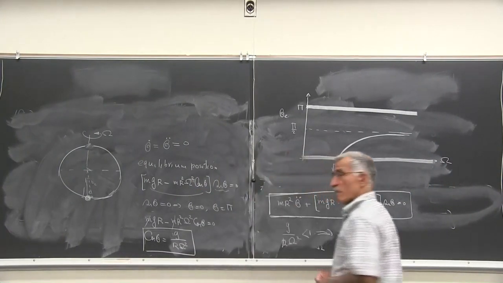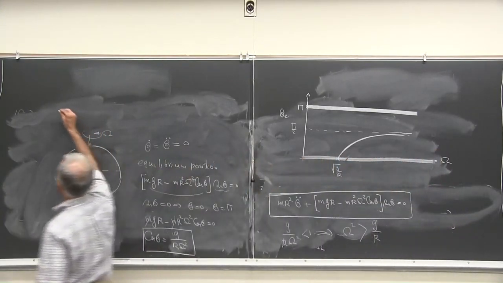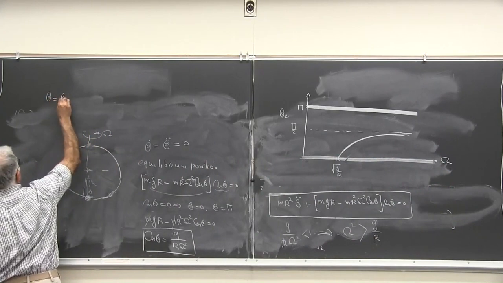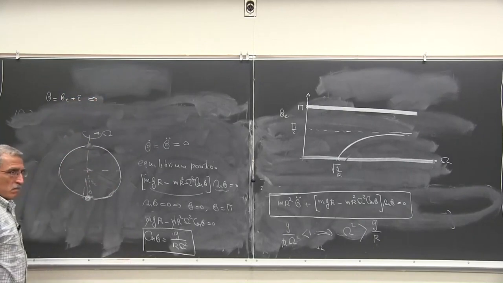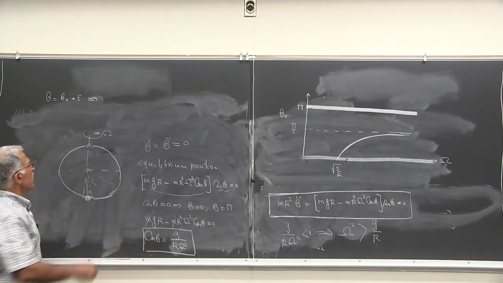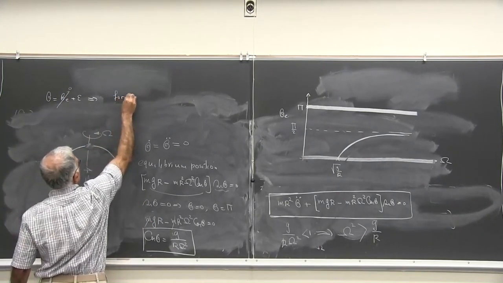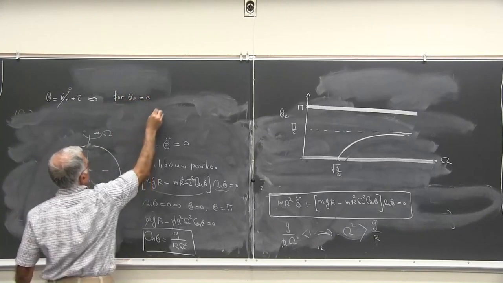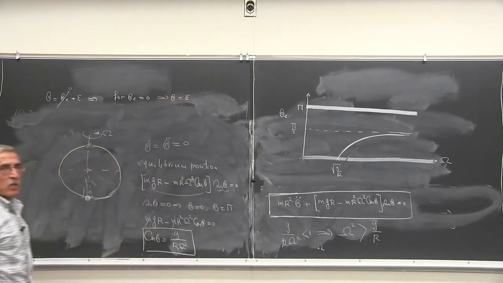So if I put in a disturbance, theta is going to be theta equilibrium plus a small disturbance. If I just look around 0 degrees, equilibrium at 0 degrees, then my theta becomes equal to epsilon, a very small disturbance.